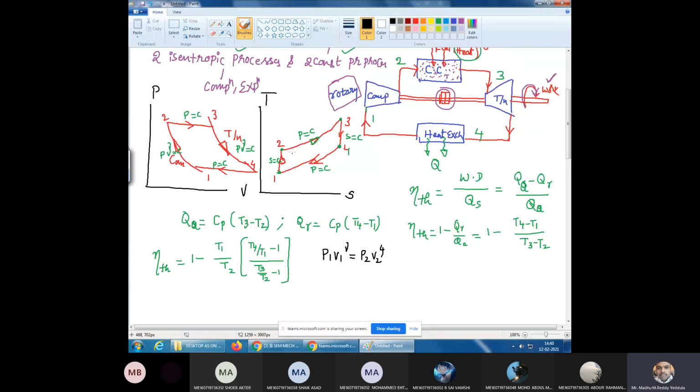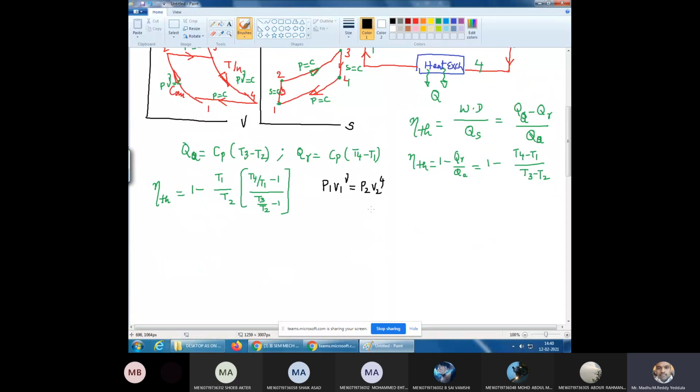Apart from that, we know 2 to 3 and 4 to 1 are constant pressure processes. So P2 is equal to P3 and P4 is equal to P1, because these two processes are constant pressure processes. And from the equation of state, we know P1 V1 by T1 is equal to P2 V2 by T2.